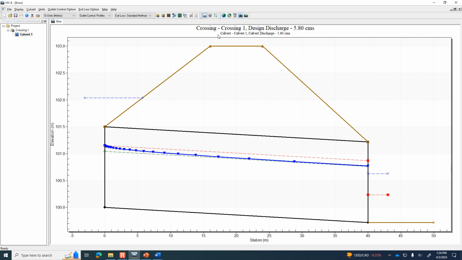Anybody know why it's showing this as trapezoidal on top? It's because the culvert is 40 meters long, and I said that the width of the roadway, I think I said that was, what, like 8 meters? So it's just assuming that the roadway is centered on top of the culvert.